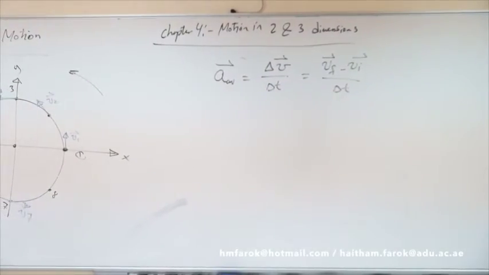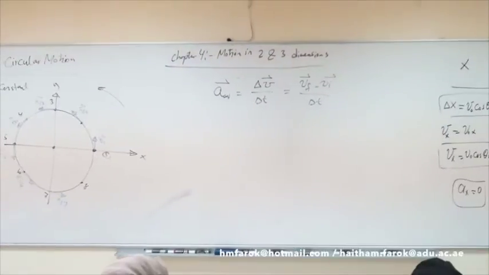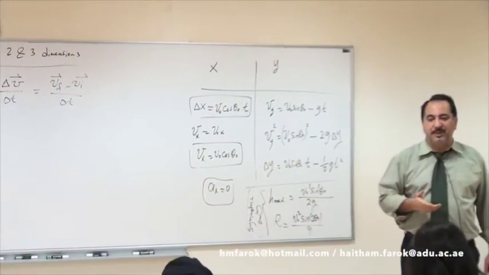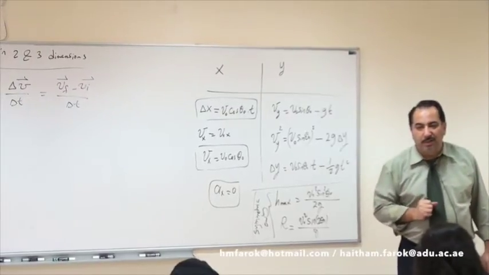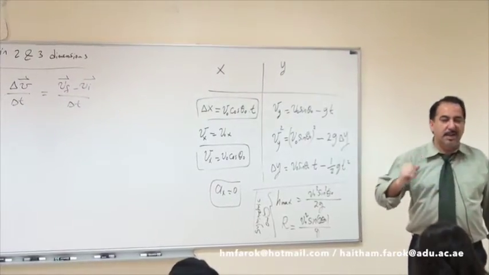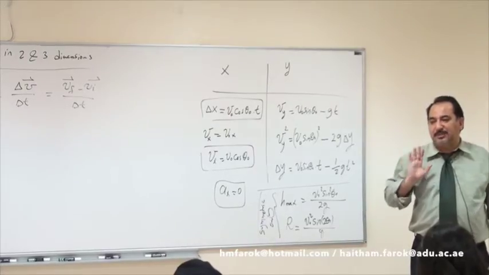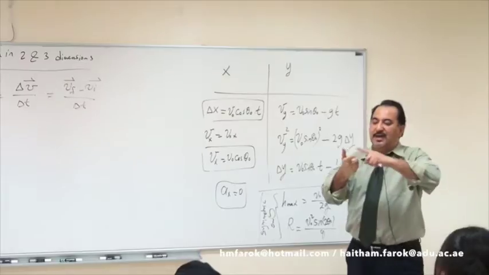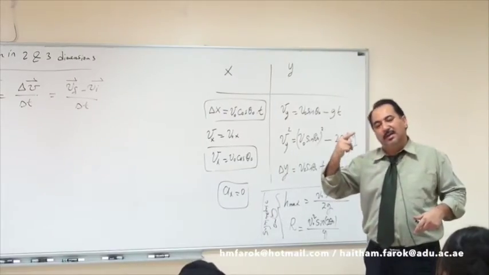Maybe from 4 to 7, yes? Did I change the speed? Yes. Okay, when you change the speed, do you have acceleration or not? Yes. So you can generate acceleration by changing the speed. But did I change the direction? No. Okay, so this is the first way of generating acceleration.